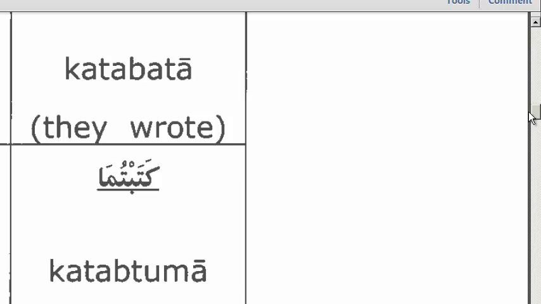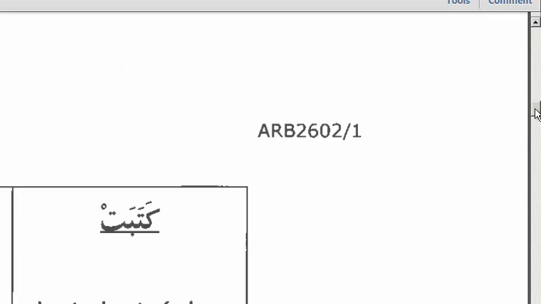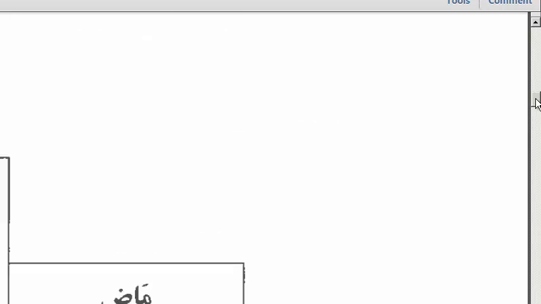Or you can say katabtuma, where you added the tu and the ma, and it becomes "you wrote," and so on. These are things that you learn via practice and experience.